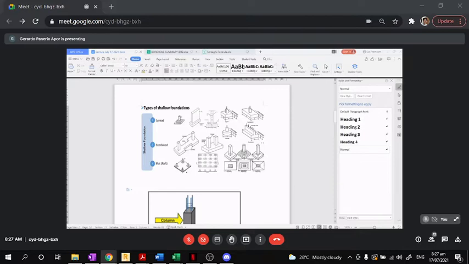Take note why one support is small and the other is large. Because in the analysis, the reaction at one support is small and the other is large. When you analyze a simple beam, the reactions are at a pin and a roller. Say you are building a bridge, where in between is a river, or it could be a highway. You're making a flyover.